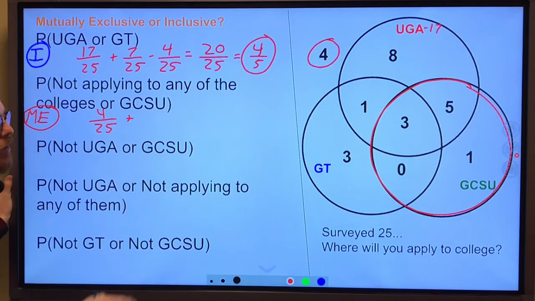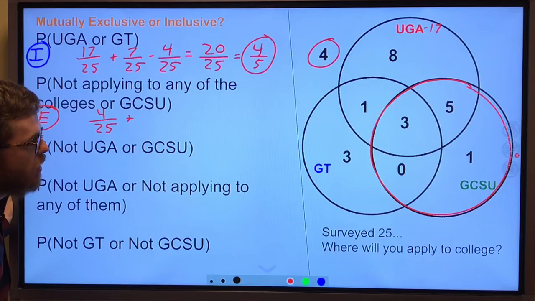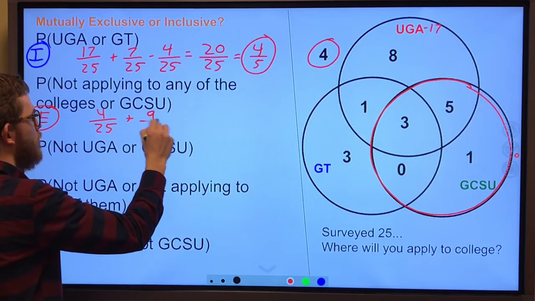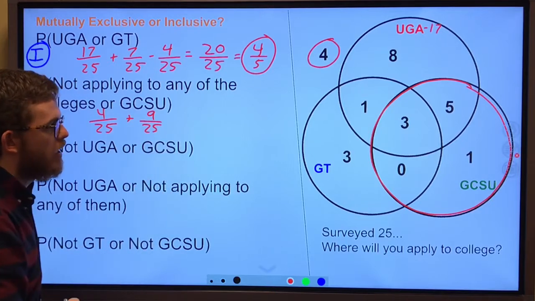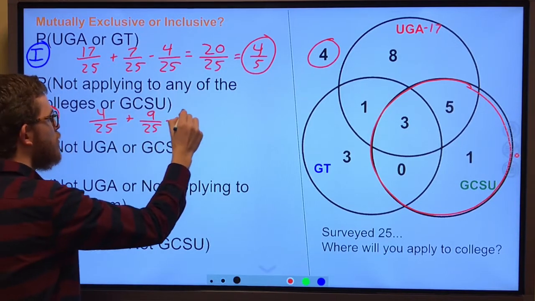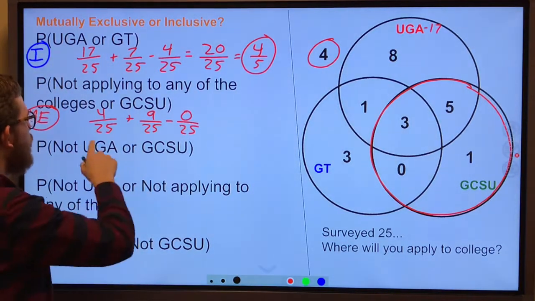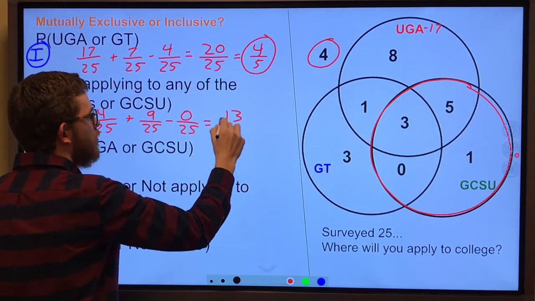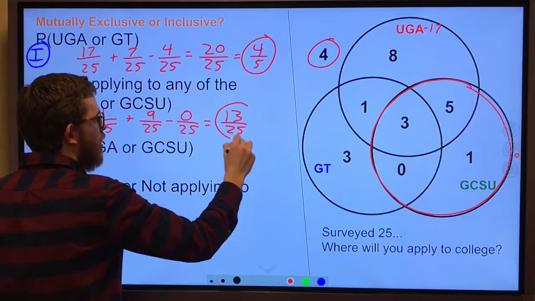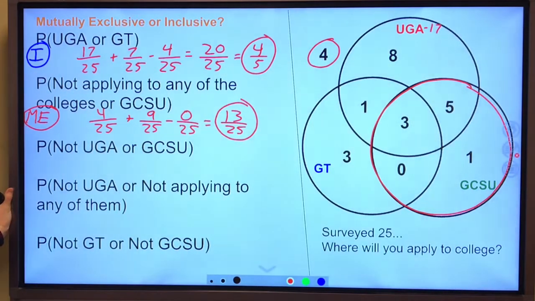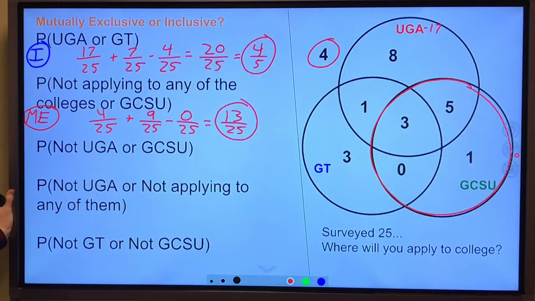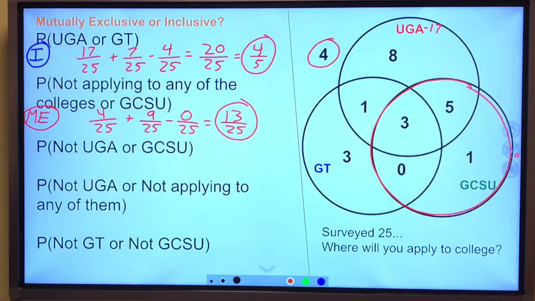We add it to the GCSU bubble, which has 9 out of 25 in that bubble. And we subtract away the overlap. We know there was no overlap, 0 out of 25. And so this comes out to be 13 out of 25. There's a 13 out of 25 probability of talking to someone who didn't apply to any of them or did apply to GCSU.